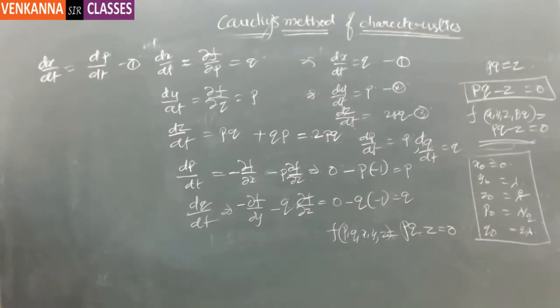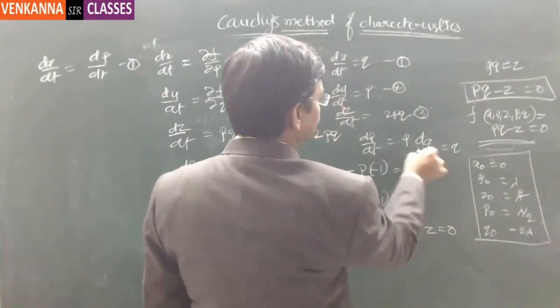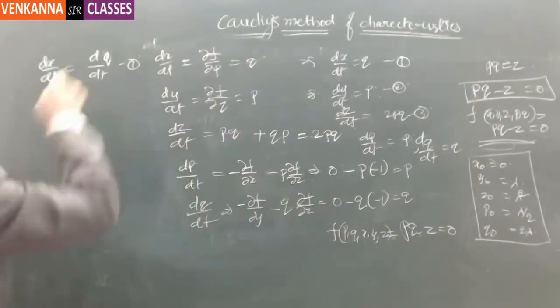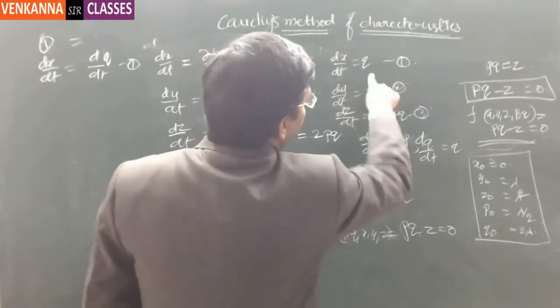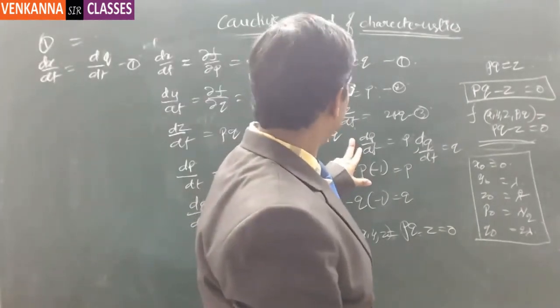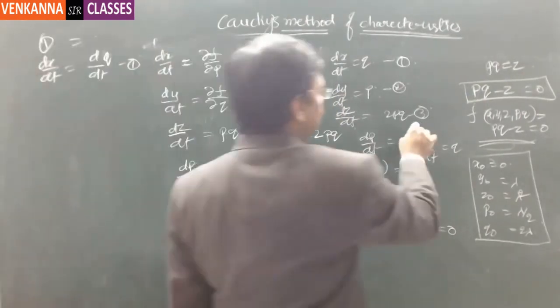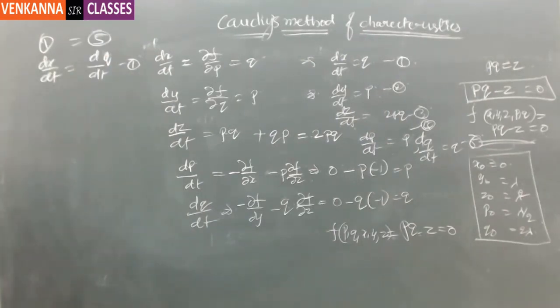And another equation is dy by dt is equal to P, and dq by dt equal to P. So this is equation number 3, this is 4, and this is 5. So equation number 1 and equation number 5 are equivalent. So dx by dt and dq by dt.